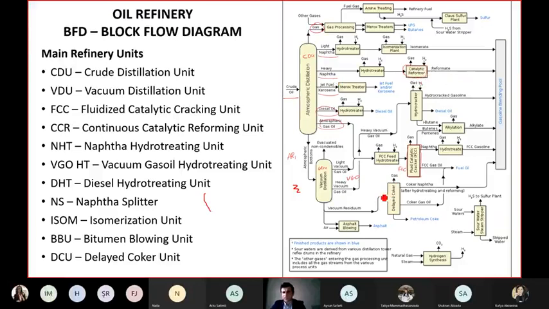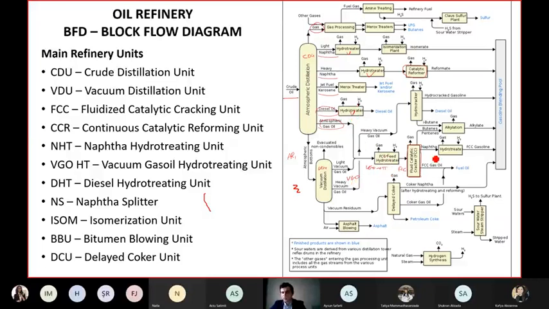And today we will also talk about the hydrotreating processes in general, which can be the naphtha hydrotreater, the diesel hydrotreater, or the VGO HDT. VGO is the feed, that's why it's called the VGO hydrotreater.